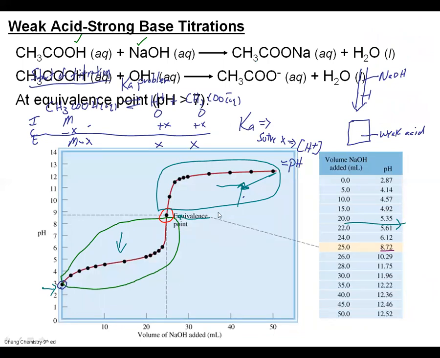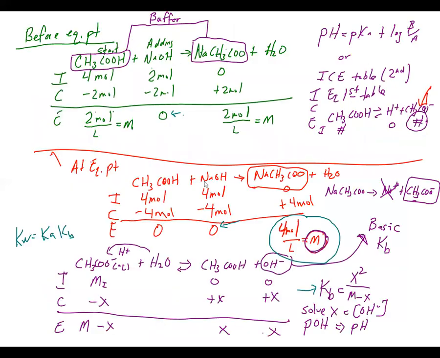Yeah, so that'd be just like this one in the example we just did. You would do the ice table like normal with the sodium hydroxide. You'd be left with a buffer before the equivalence point, which you then could have two options, which I think is what your question is.